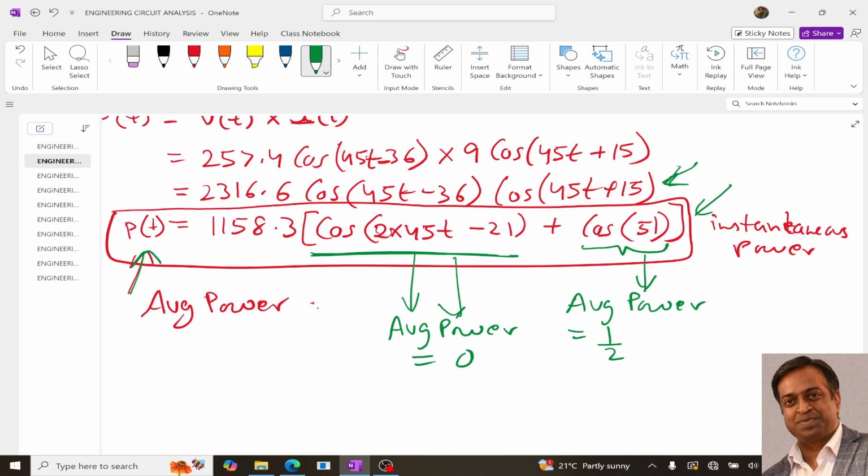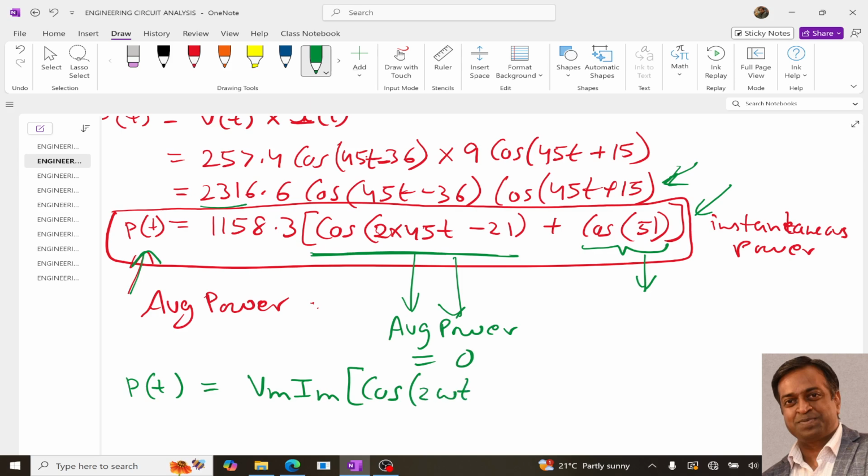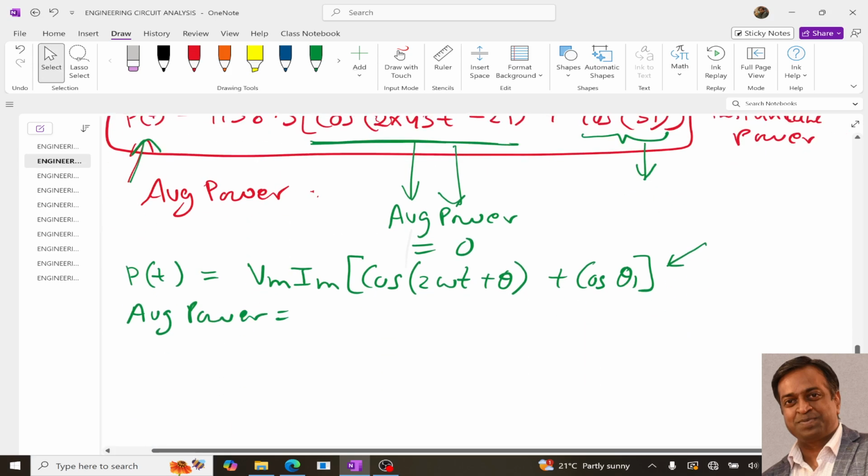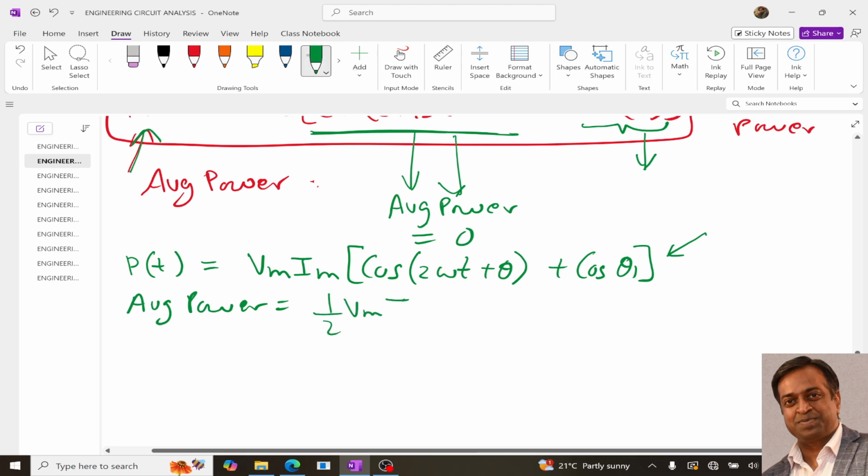Usually, if our expression is something like Vm Im cos 2 omega t plus theta plus cos theta 1, then the average power is expressed as half Vm Im cos theta 1.